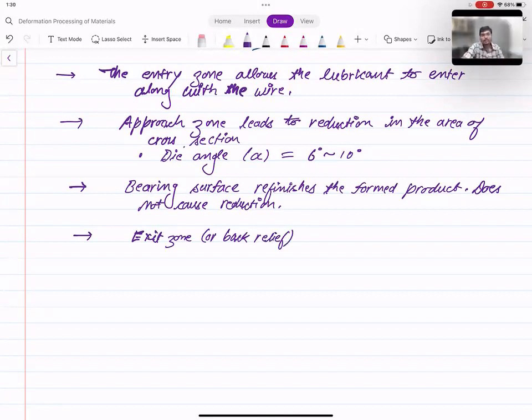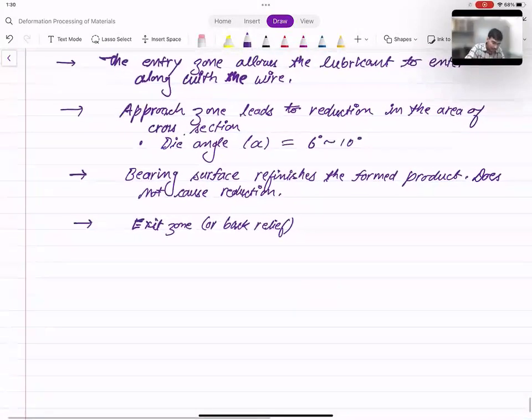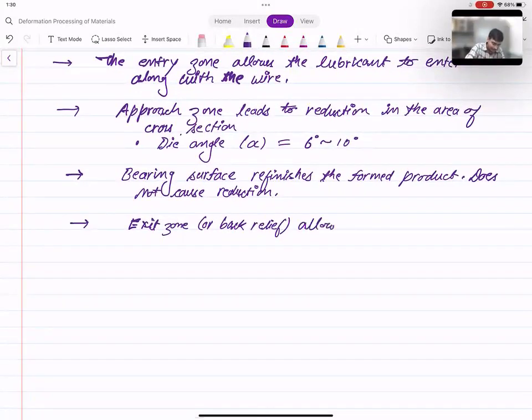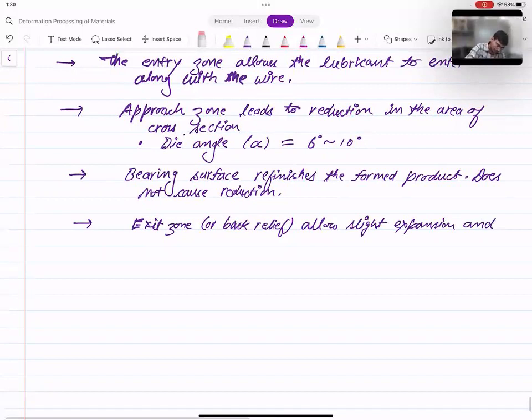Basically, as I mentioned earlier, the back relief allows slight expansion and allows the exit of this drawn wire, and allows the formed wire to leave the die.